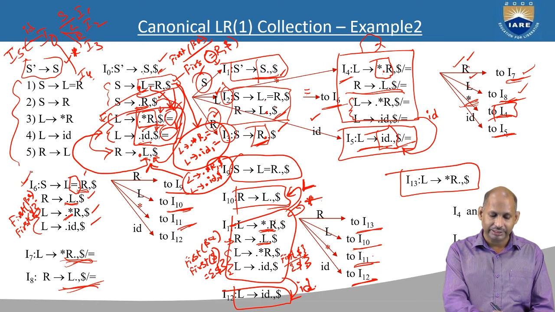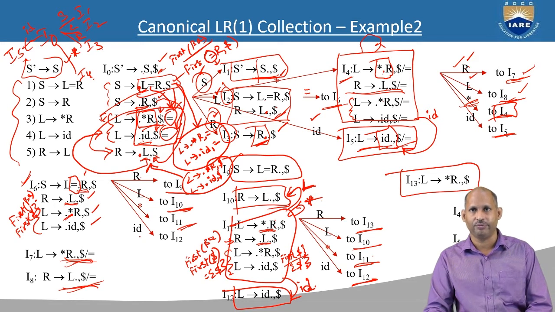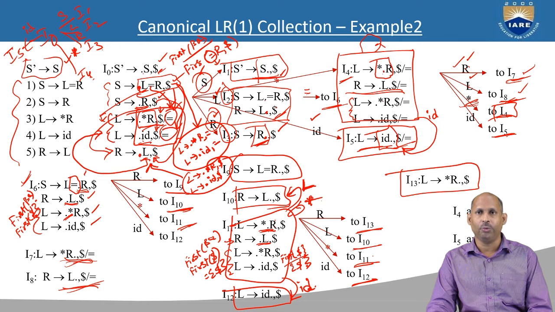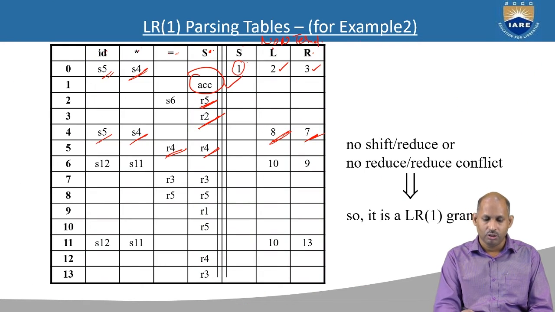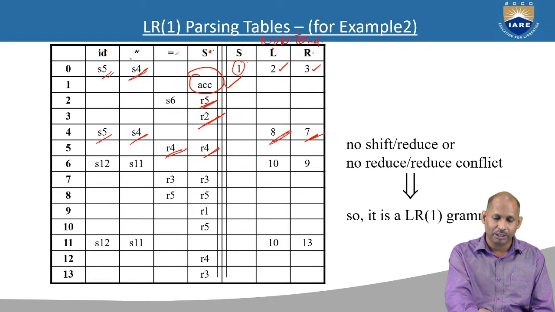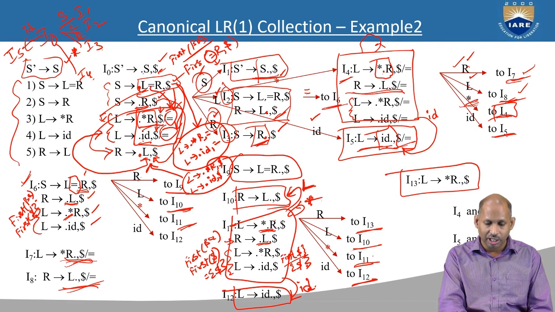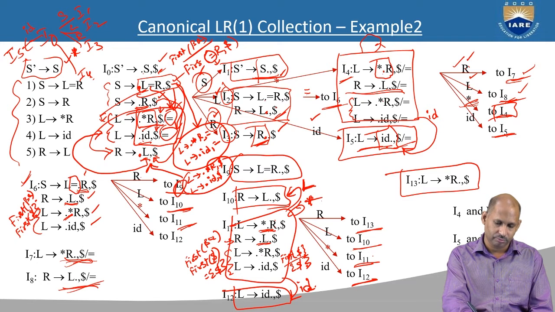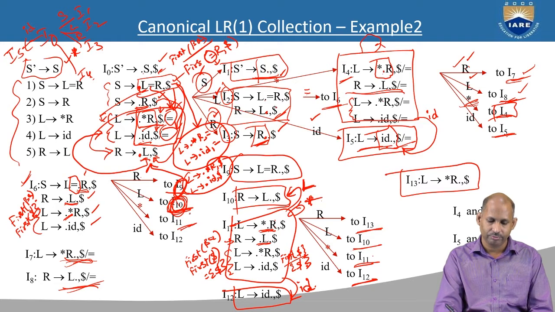Then I6. They will be go-to operations on these four symbols: R, L, multiplication, ID. R means 9. L means 10. Multiplication means 11.